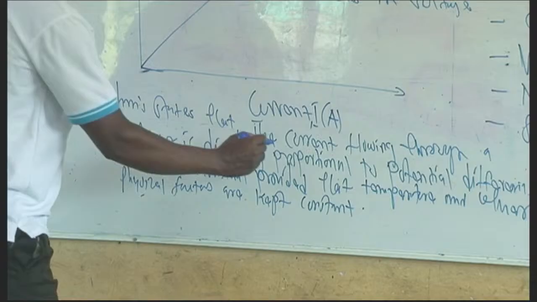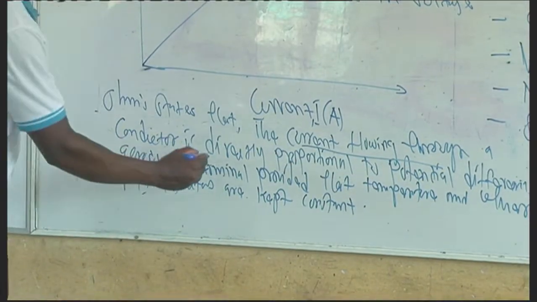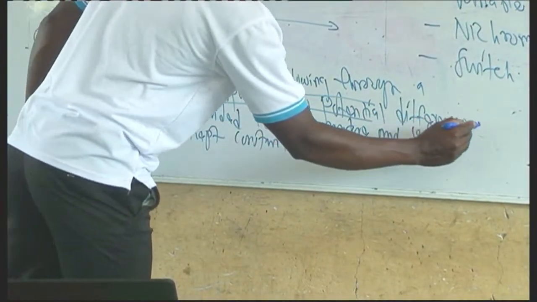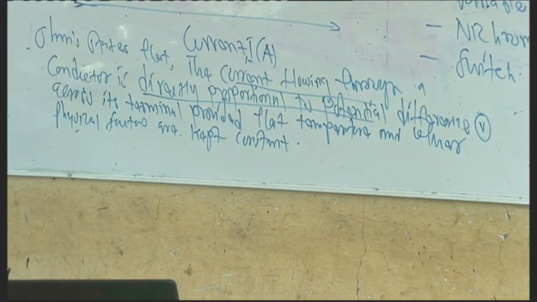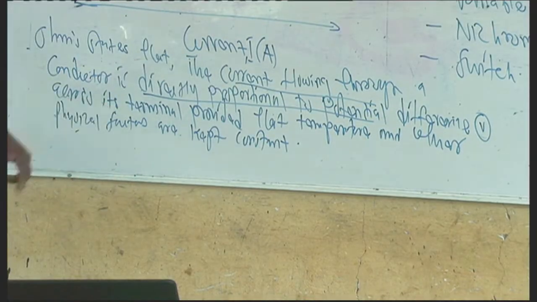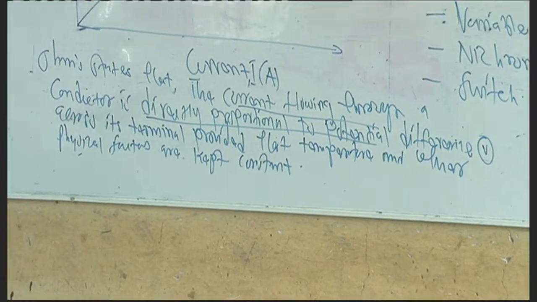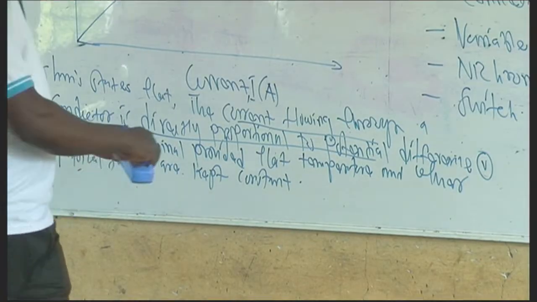That current flowing through a conductor is directly proportional to the potential difference. The potential difference here is the voltage. So current flowing through a conductor is directly proportional to potential difference across the terminal, provided that the temperature and other physical factors are kept constant. So these are the conditions.